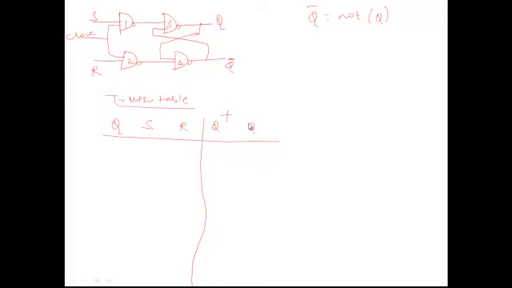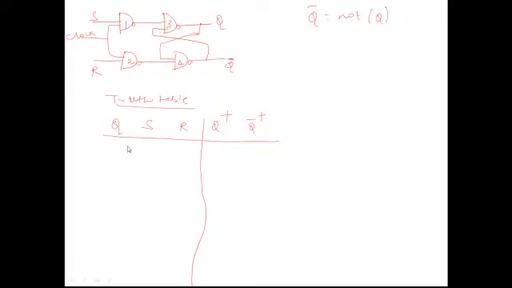And you can also write Q bar plus. There is no output, only the next state is there. Okay, so in present state, input S and R, two inputs are there, one present state, totally 3 variables. So these 3 variables will give you 8 possible combinations.